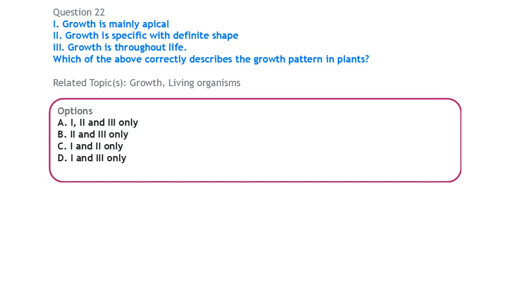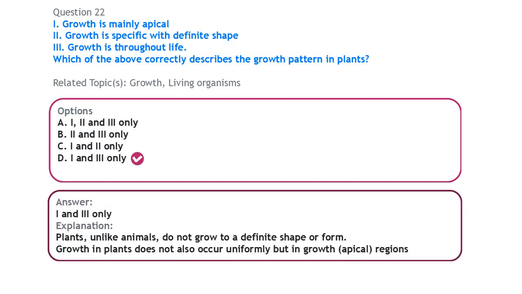Next question on growth. Which of the above correctly describes the growth pattern in plants? So we have: growth is mainly apical, growth is specific with definite shape, growth is throughout life. So the first one is correct, that growth is apical. What that means is that growth in plants occurs in certain regions. That is true of growth in plants.